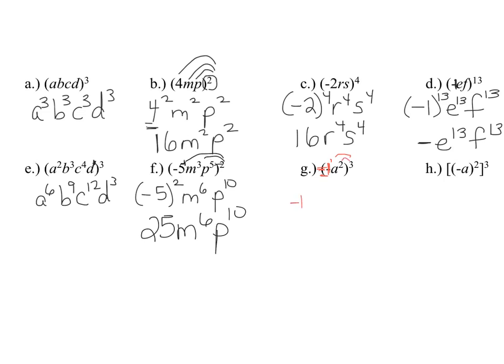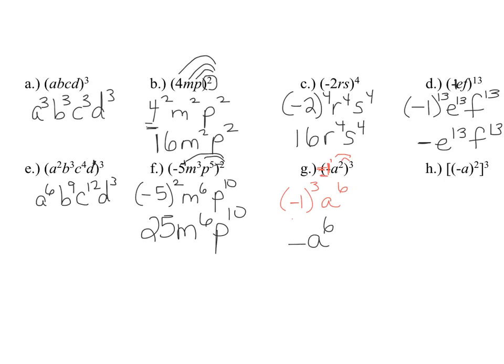You're taking negative 1 to the 3rd power, and then you multiply the exponents of 2 and 3, and it becomes a to the 6th. But then you have to simplify negative 1 to the 3rd power. So remember, a negative number taken to the 3rd power will always result in a negative. So this final answer, this part is a negative. So that would be negative a to the 6th.